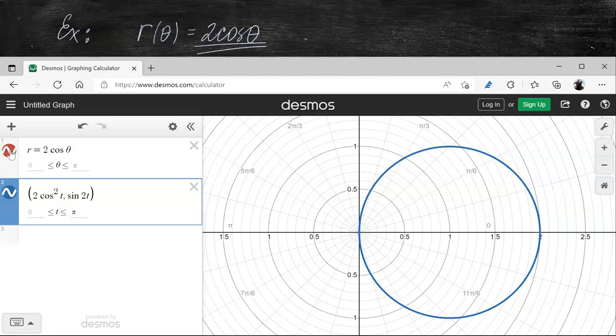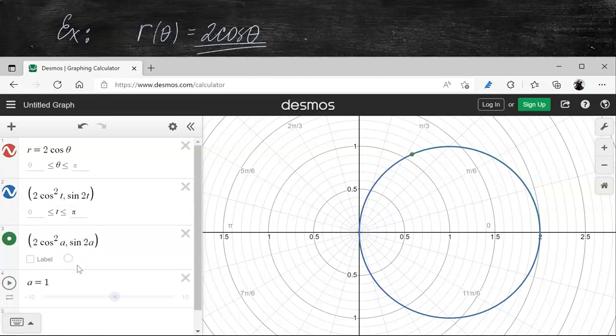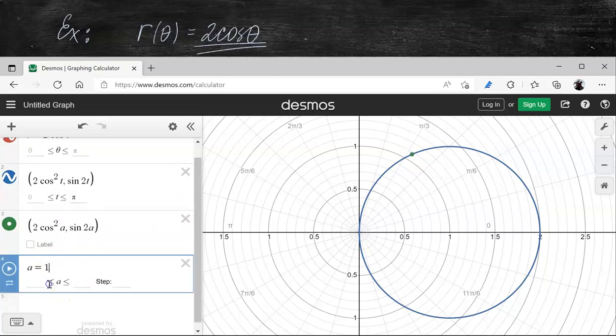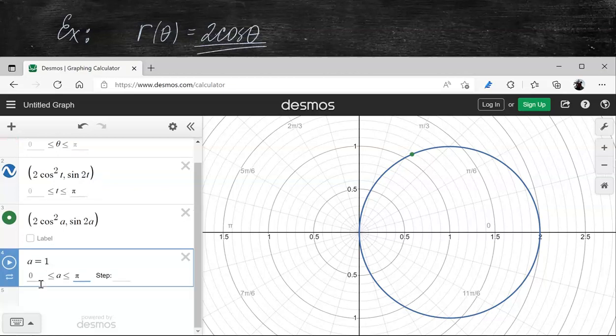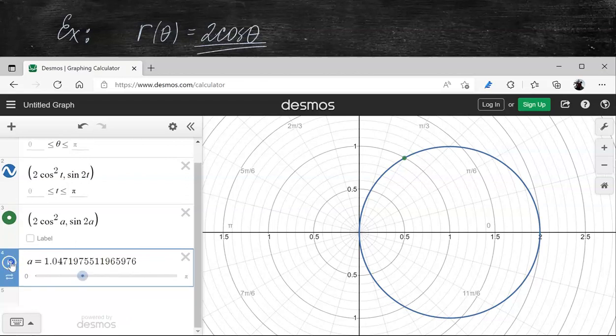And if you want to actually visualize this whole process, like how we said before that parametric curves are dynamic, here's an alternative way. We can copy this and replace t with some other letter and add a slider a, then it's going to make it into a point, and you can provide the same exact domain and then just move a according to the steps.